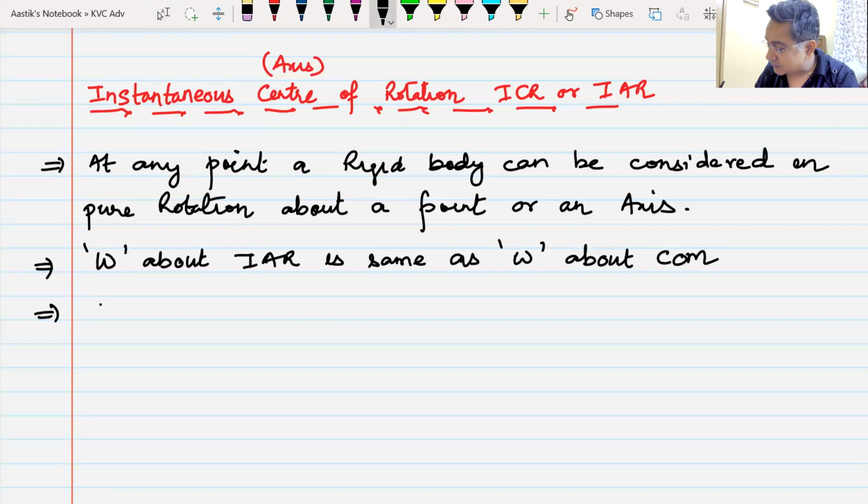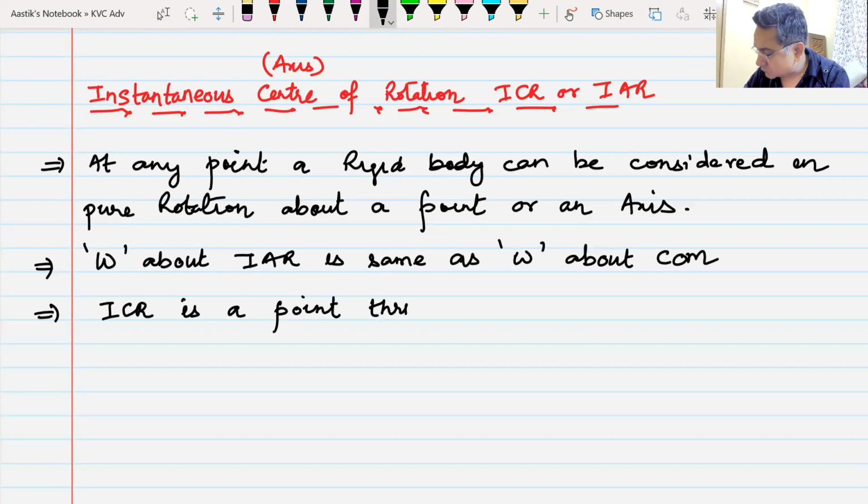Again, this instantaneous center of rotation is a point through which your IAR passes. Do we understand this? Yes, sir. And it is perpendicular to the plane and all that.